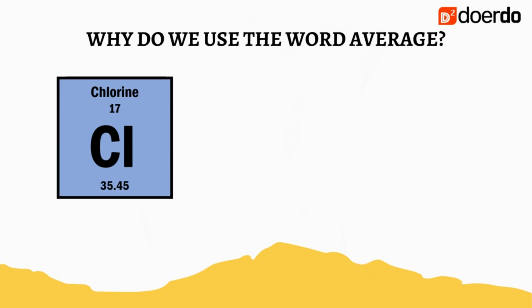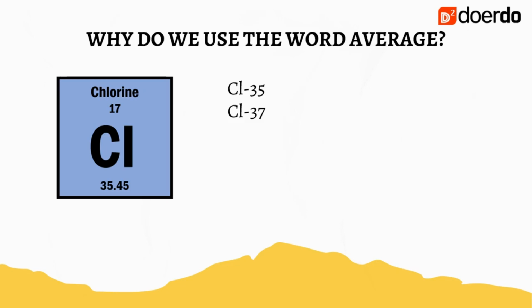The reason we have used the word average is due to the presence of isotopes. If you remember, once again in lower level chemistry, isotopes are defined as atoms of the same element with the same number of protons and electrons, but different number of neutrons. The two isotopes that are most common for chlorine are chlorine 35 and chlorine 37.